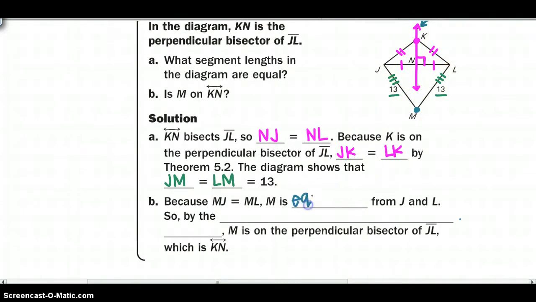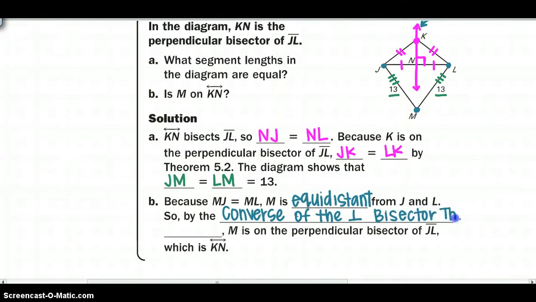We know that M is equidistant from J and L. So, by the converse of the perpendicular bisector theorem, I now know that M is on the perpendicular bisector of JL, which is on line KM.